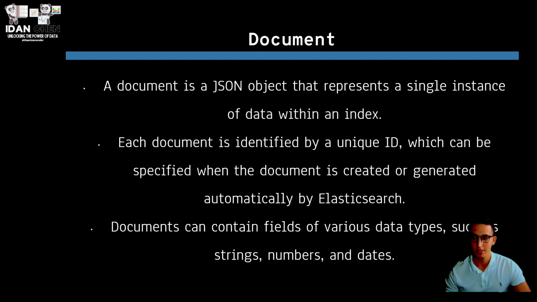In SQL you have a primary key. Documents can contain fields of various data types, such as string, numbers, and date. In the next lecture, we will talk about the field types.